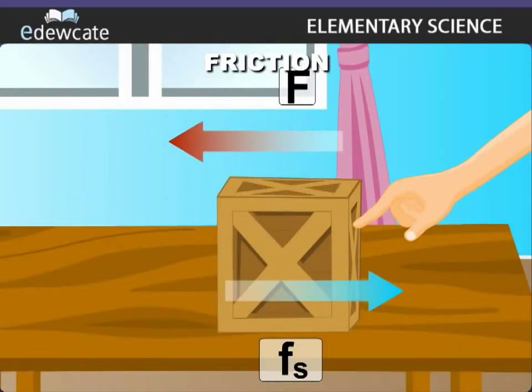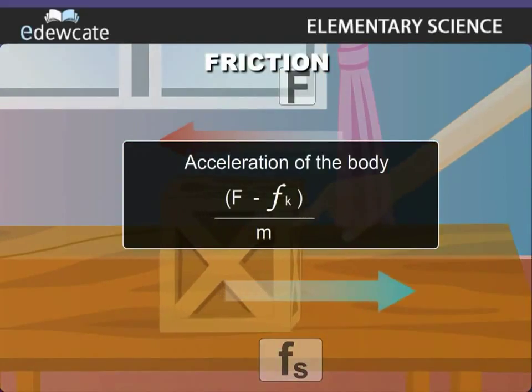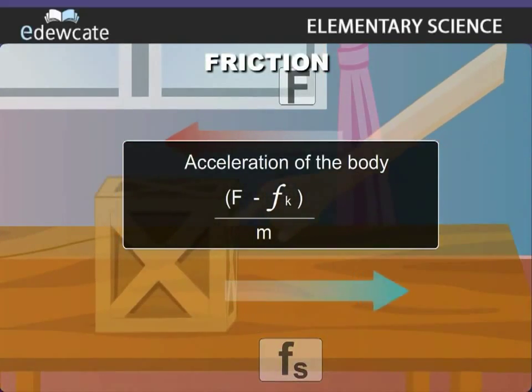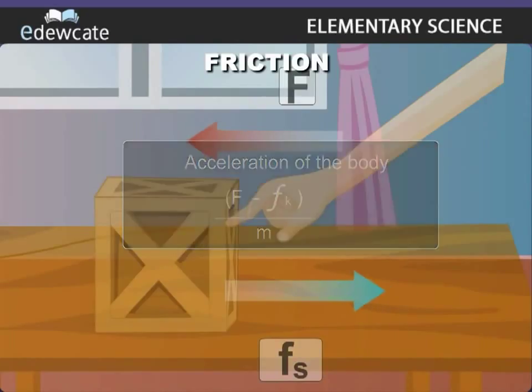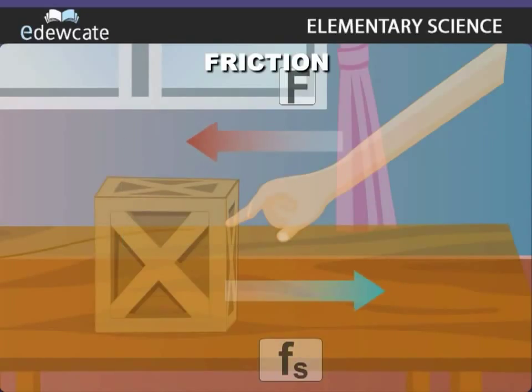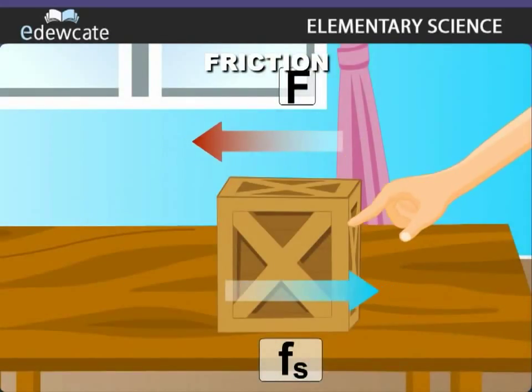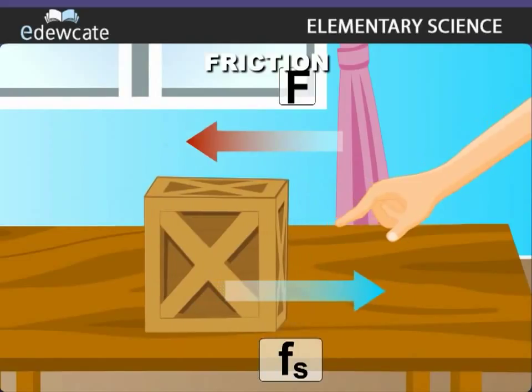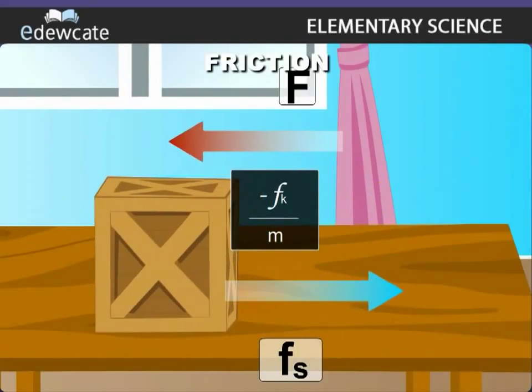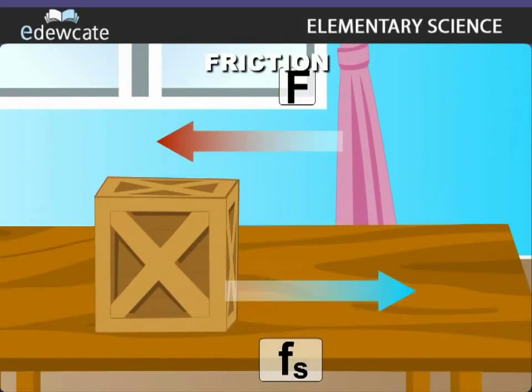When relative motion has begun, the acceleration of the body according to the second law is F minus Fk by m. For a body moving with constant velocity, F is equal to Fk. If the applied force on the body is removed, its acceleration is minus Fk by m and it eventually comes to a stop.